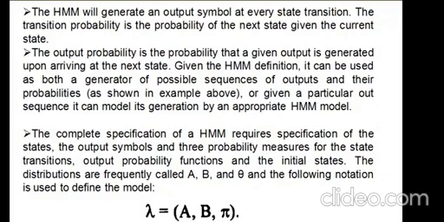Next, the complete specification of a hidden Markov model requires specification of the states, the output symbols, and three probability measures: the state transition probability, the output probability function, and the initial state. So these are the required things for a hidden Markov model. Here, what we represented in these five steps is the same.